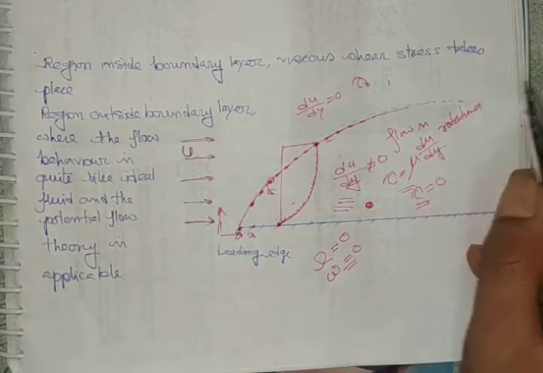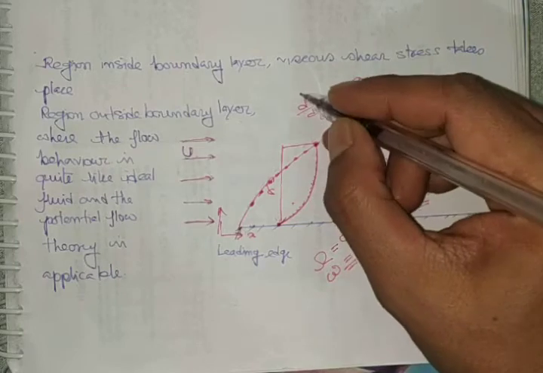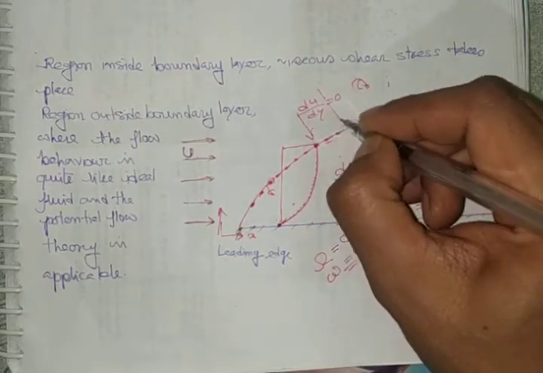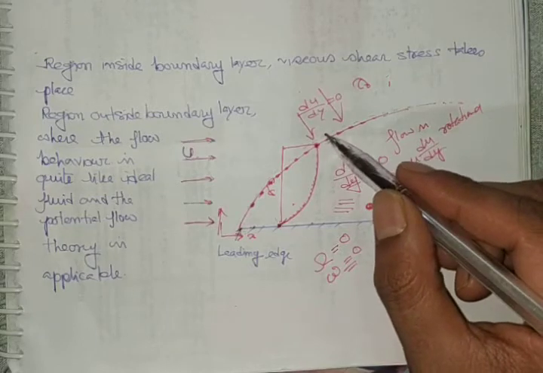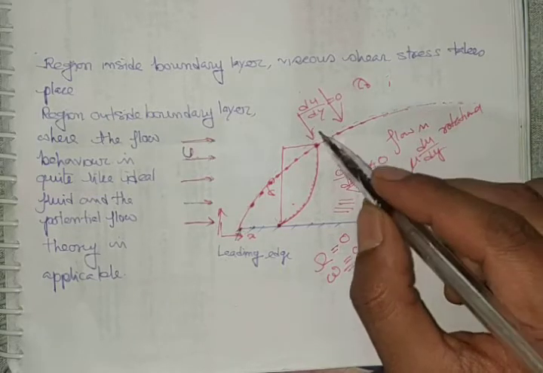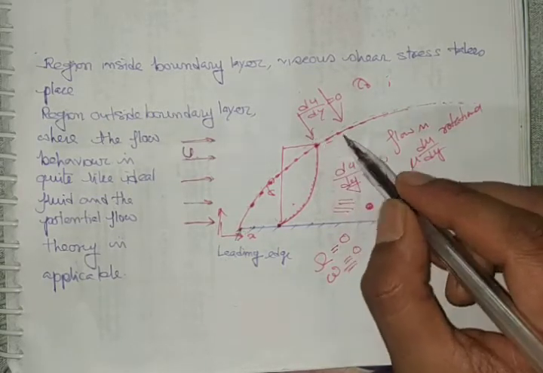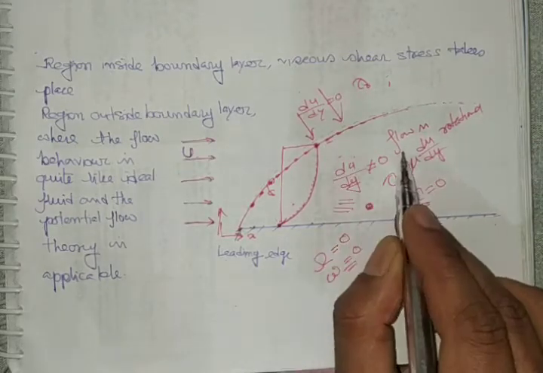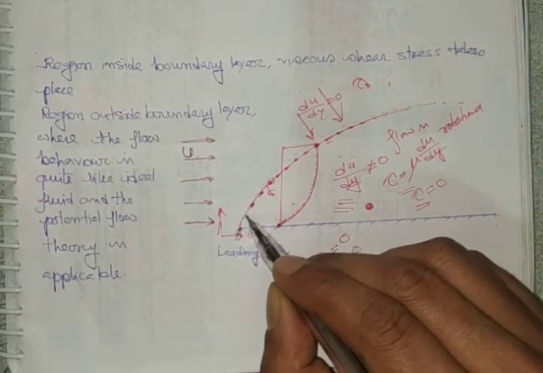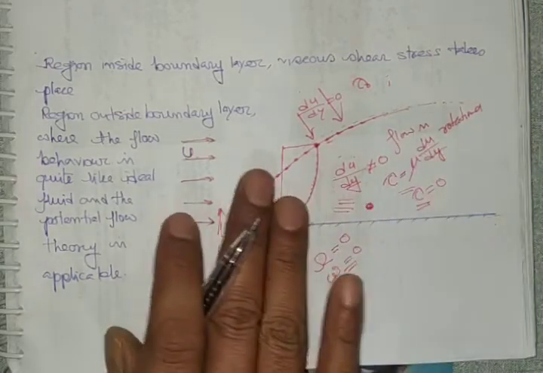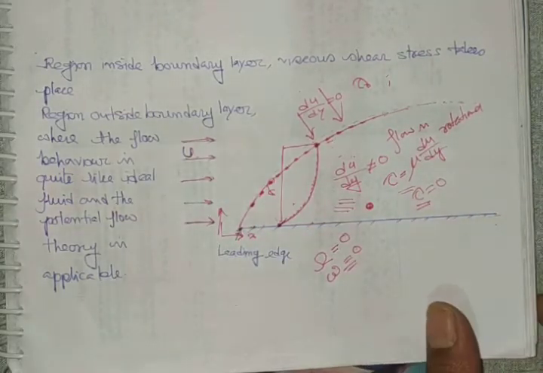Why is it increasing? Because from the outside, the rate of mass flow increases along the x direction. That's why the thickness of the boundary layer increases along the x direction.